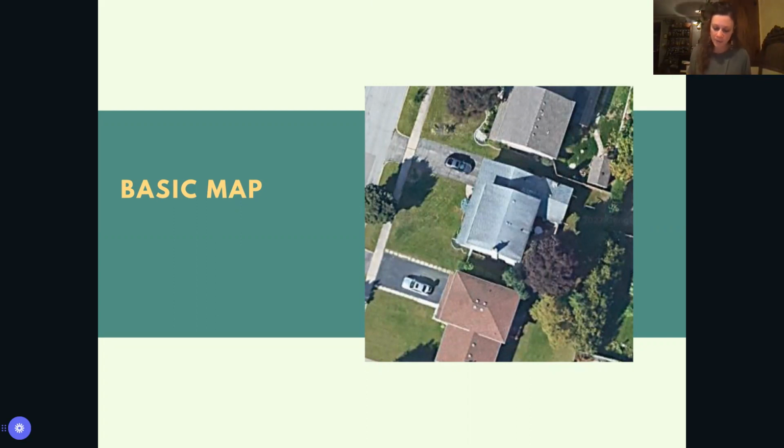Put down a building anywhere that you'd like. It can just be a rectangle shape. You can get as artistic with this as you want, adding a little roof gable, or just leave it as a rectangle. That's great too.